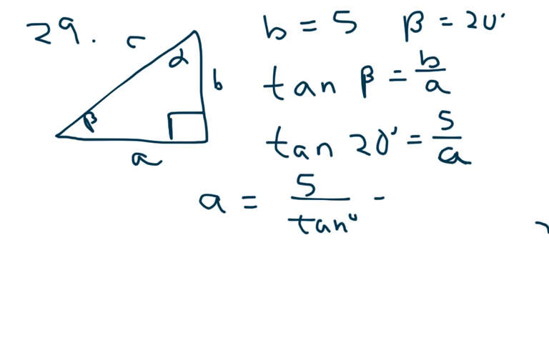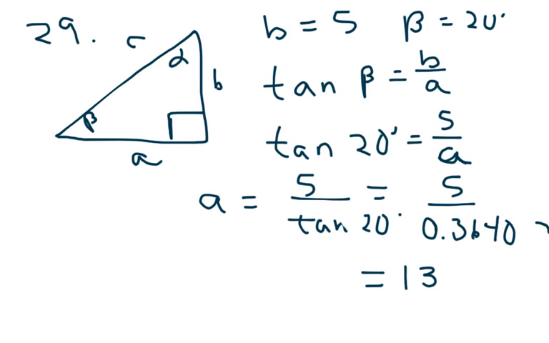Use your calculator. 20 degrees, which equals 5 over 0.3640, which equals 13.74.